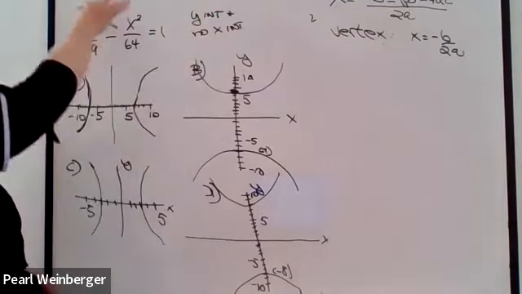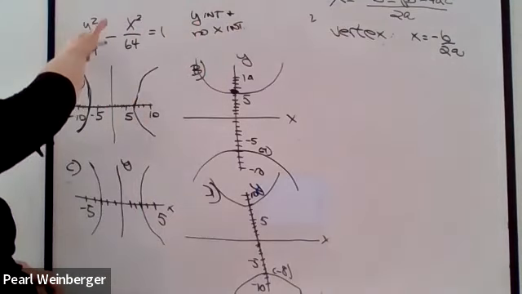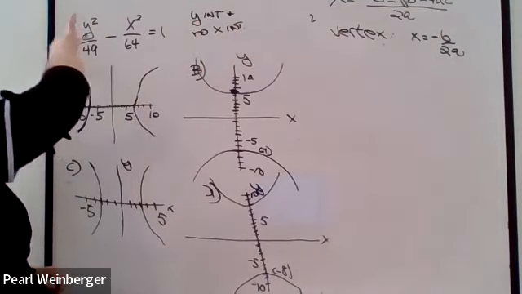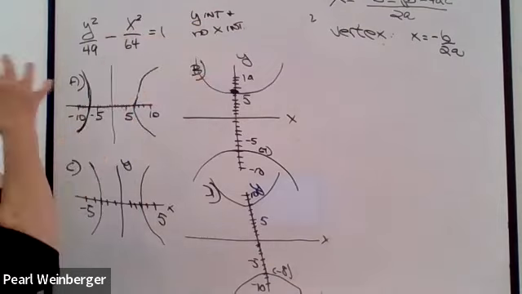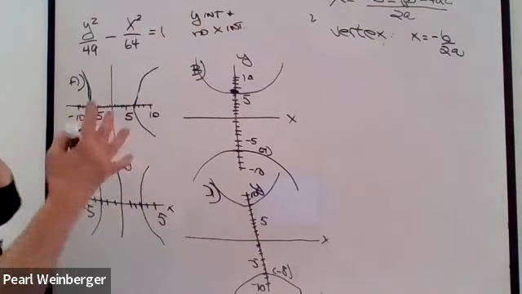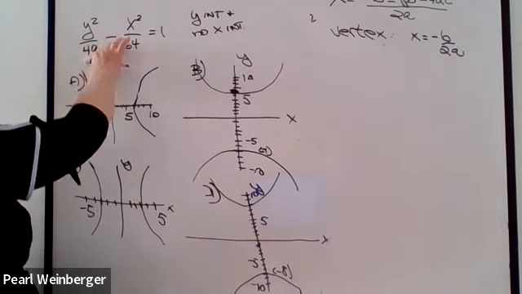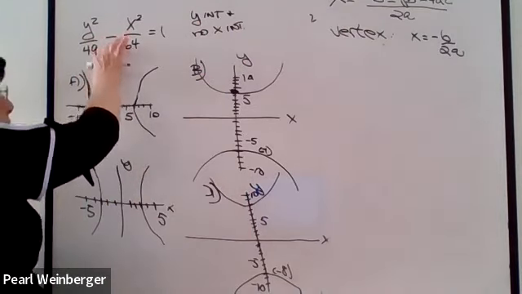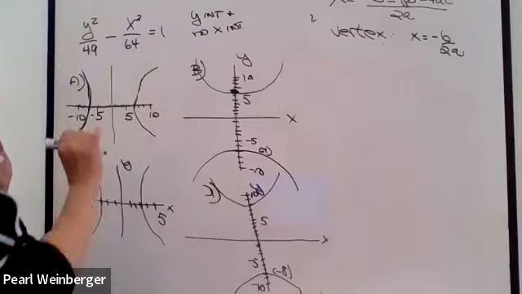That's what it means when we see it's a hyperbola with an x squared and a y squared, but the y squared is positive and the x squared is coming after the negative sign. The x squared is negative. There are going to be no x-intercepts.